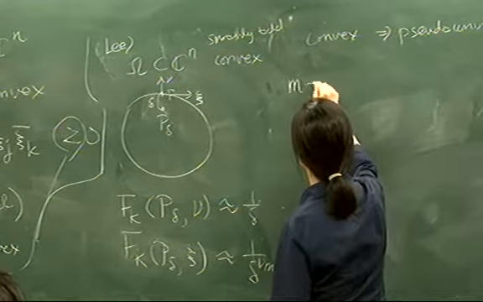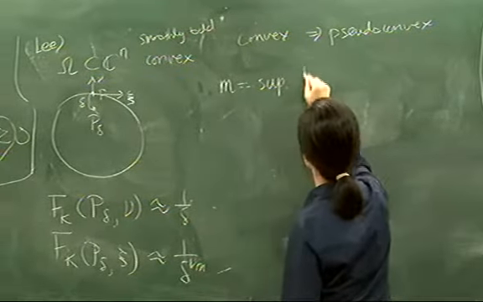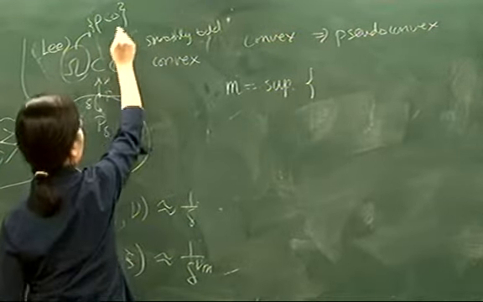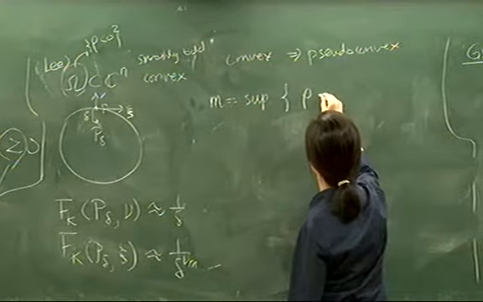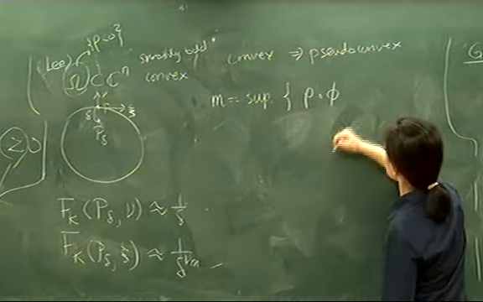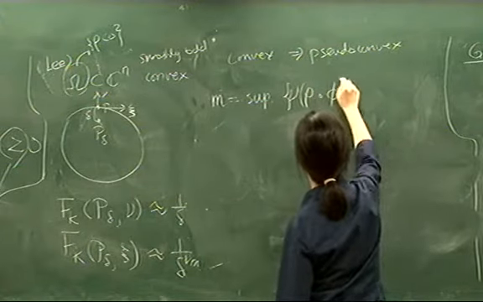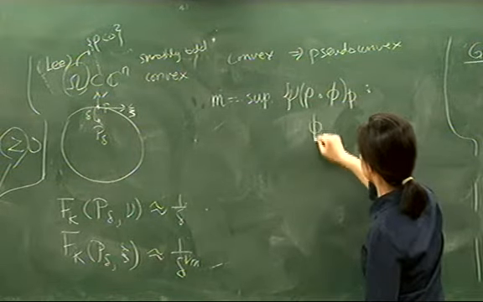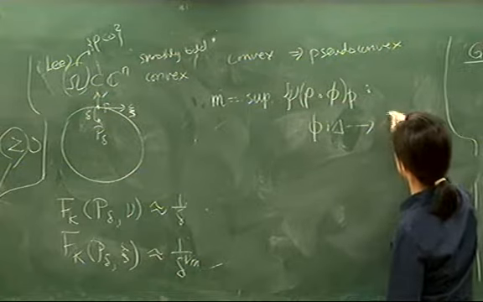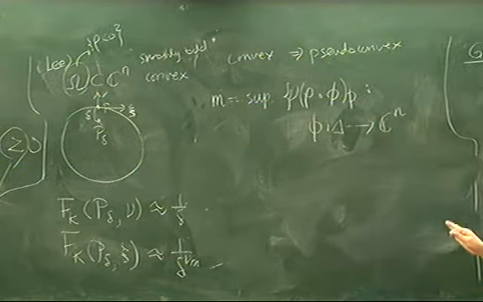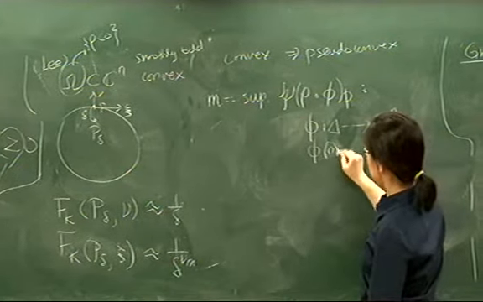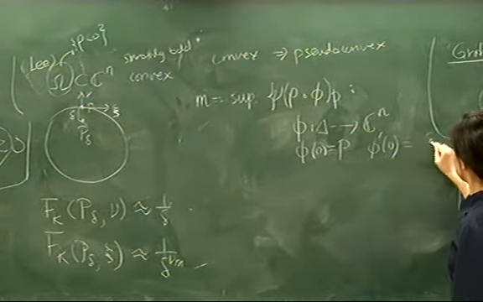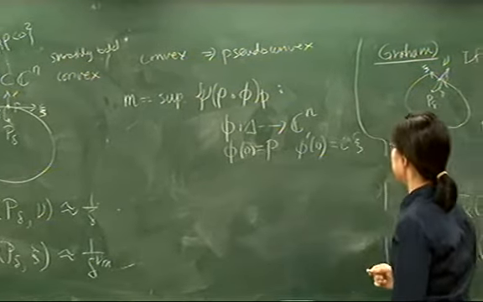So m is the supremum, with omega defined as rho less than 0, of the vanishing order of rho of phi at the point P, where phi is a mapping from the disk, a one-dimensional curve, with phi 0 equal to P, and phi prime 0 some complex number times C.